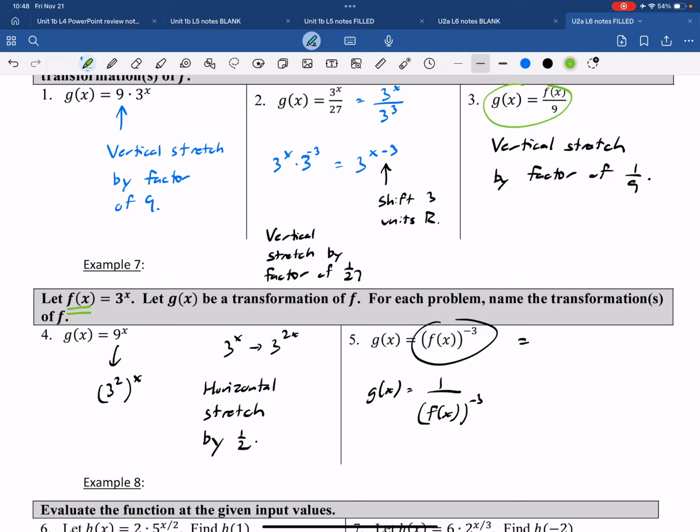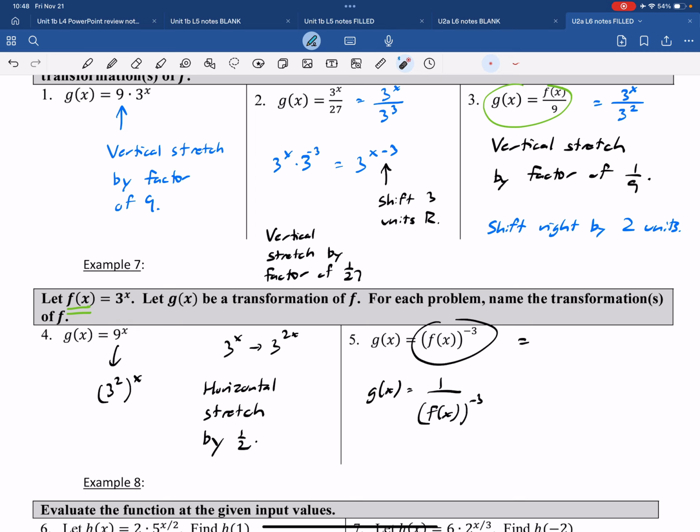But I guess we could now say, let's do this a second way. So if this is 3 to the x over 3 squared, this could also be a shift right by 2 units. Okay? Very similar to the way that when we had a 27 in the bottom, we wrote it as 3 to the negative 3.